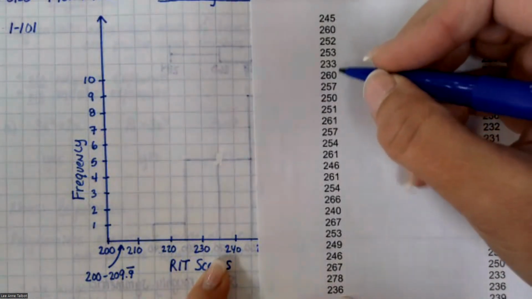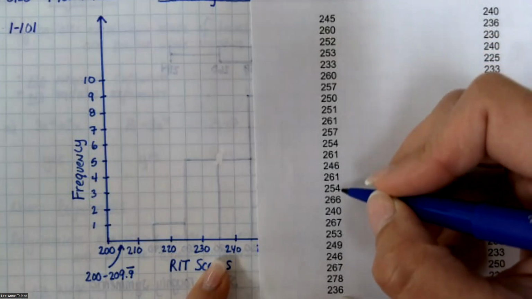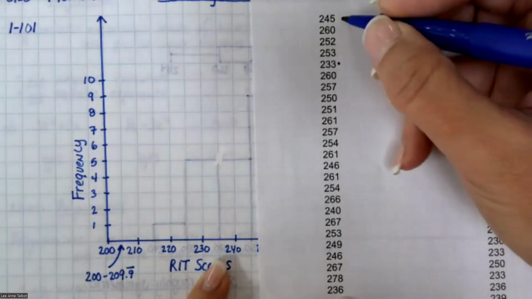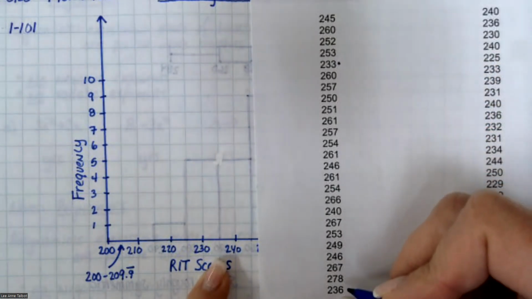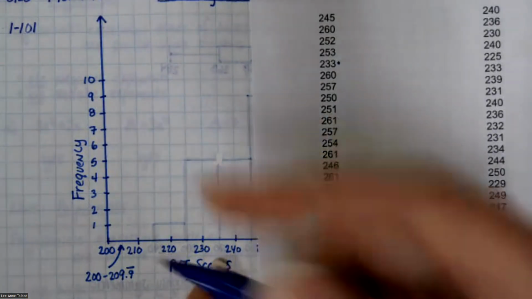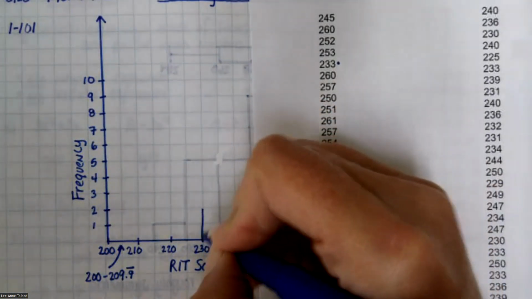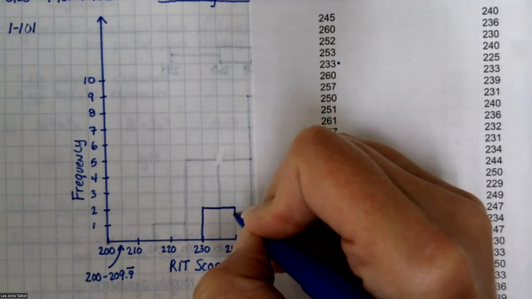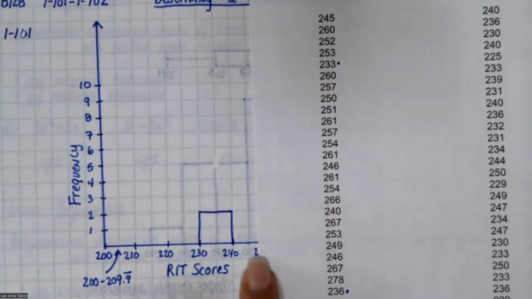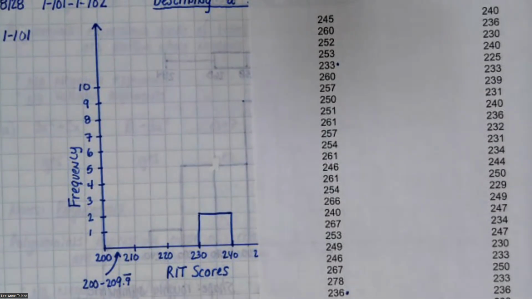So 230s are 233, 236. Two of them? Okay, so we make our box too tall because there's two numbers between 230 and 239.9 repeating.